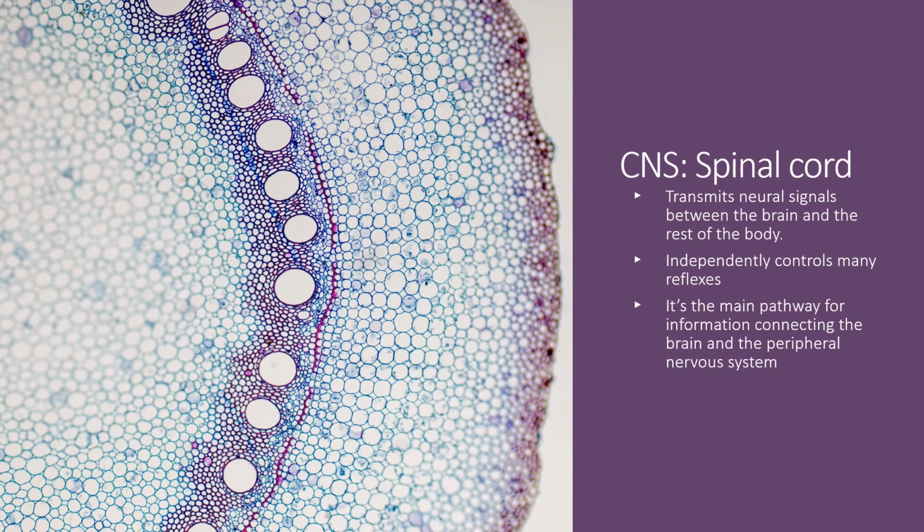And it's the main pathway for information that connects the brain and the peripheral nervous system. If you'll remember, the peripheral nervous system is that division that we just talked about that is comprised of the somatic nervous system and also the autonomic nervous system.